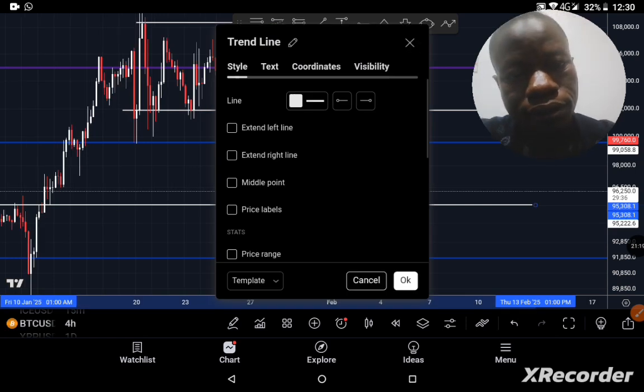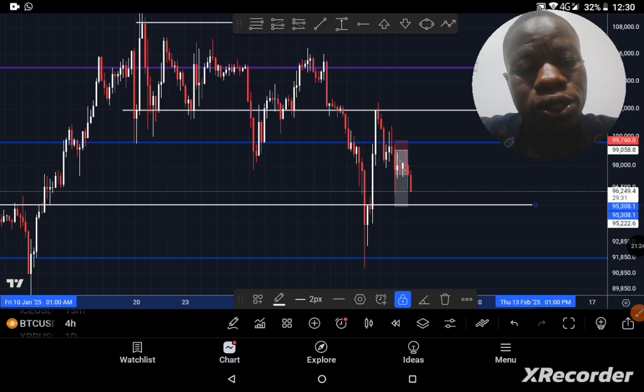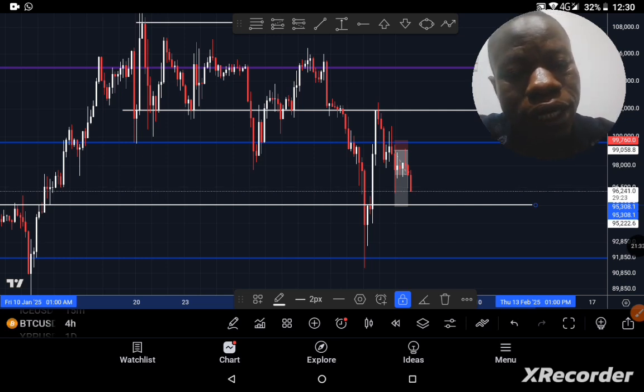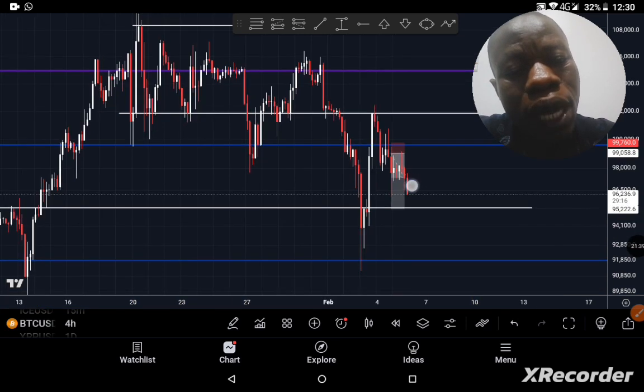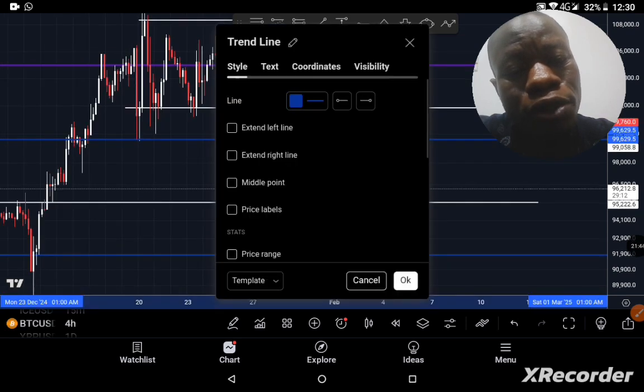The second and most important benefit of technical is that it allows you to know your risk, or let me say it enhances your risk management. It shows you how much you are risking. Imagine this market that is moving now. If I want to short it, if I decide to enter here in the middle, where will I put my stop loss? I will see that to put the stop loss above this level will be too much.